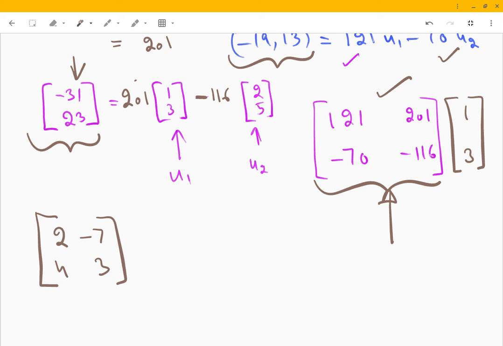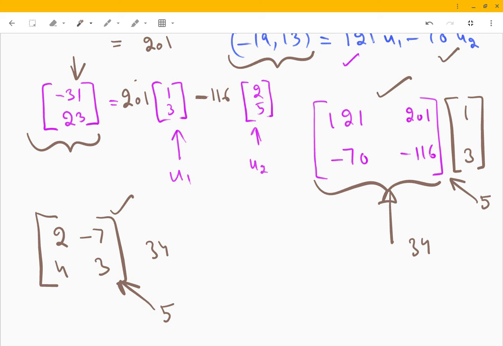Okay. Now check the trace is 5. The trace of this is 5. The determinant of this was 34, and you evaluate this, the determinant of this will also be 34. And why is that?